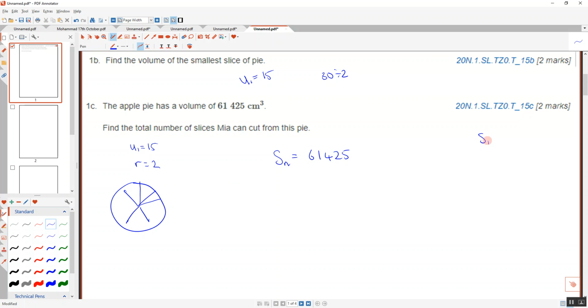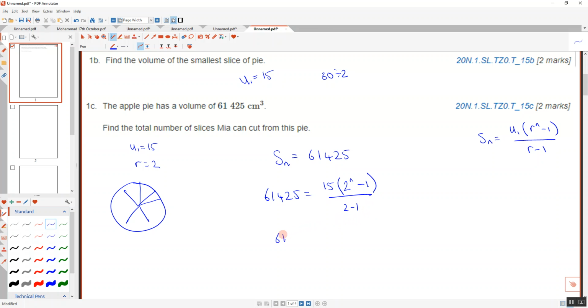And I'm going to use my formula for the sum of the first n terms, which is this, and this will be given to you in the formula booklet. So 61425 is equal to U1, which is 15, multiplied by R to the n, so that's 2 to the n minus 1 over 2 minus 1.